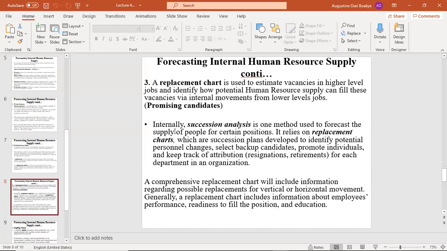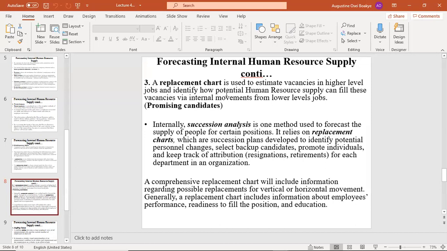Now, what a replacement chart does is that it helps you to graphically or pictorially estimate all the various positions that you have in your organization. And beside each position, you also ascertain the possible candidates or employees in the organization who can step in when those initial positions become vacant.